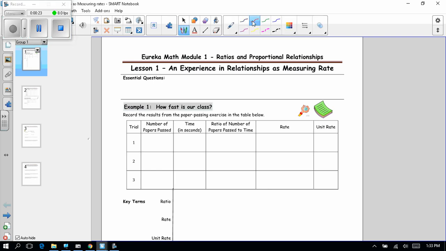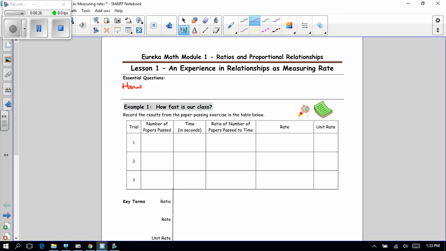We're going to write in, how is finding an associated rate, wow, big word, or unit rate, how is that helpful when making comparisons between quantities?